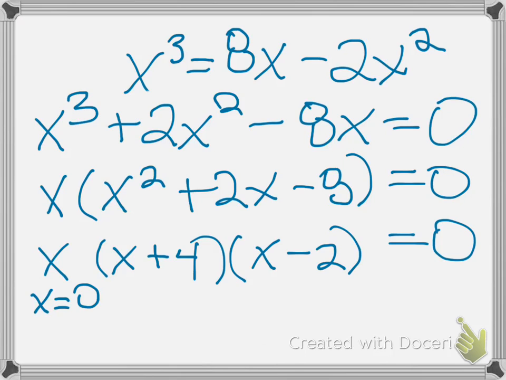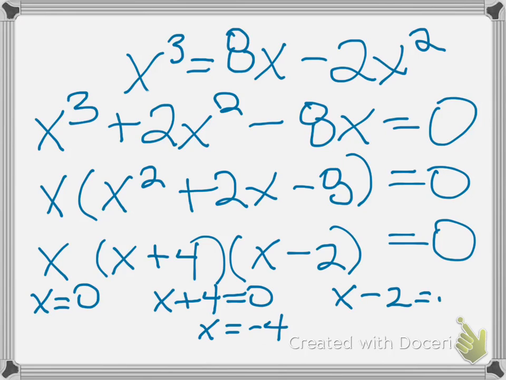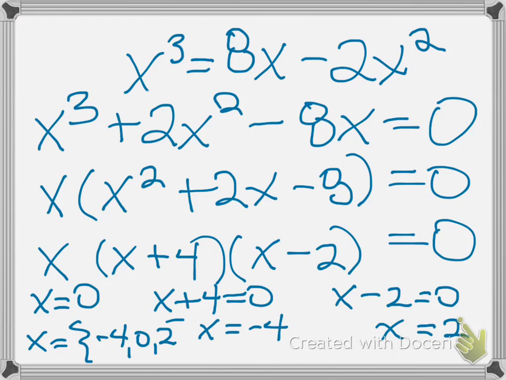Then we set the factor x plus 4 equal to 0 and solve for x, so x equals negative 4 is another solution. Finally, we set x minus 2 equal to 0, and x equals positive 2. So our solution set is negative 4, 0, and positive 2. This polynomial equation has three solutions.